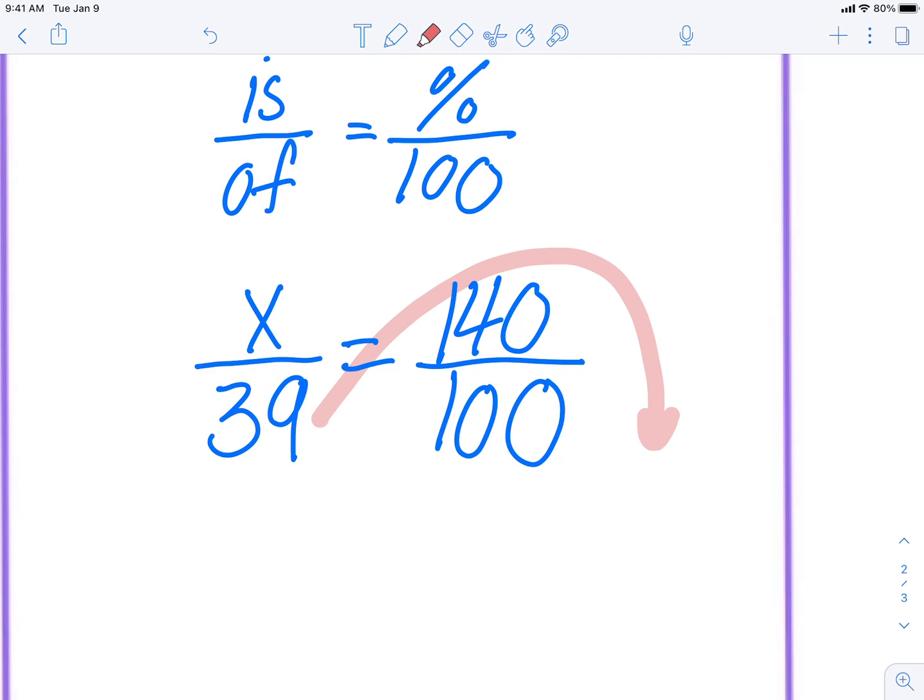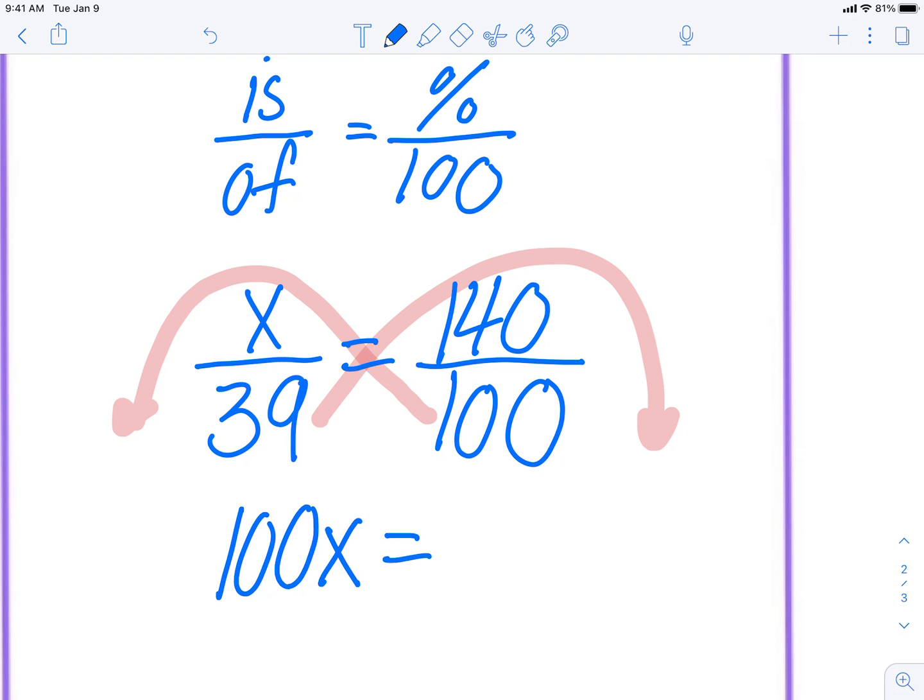So in order to solve these, we're going to cross multiply here, butterfly, and these wings go like this, right? So 100 times x is 100x, which means 100 times x, equals 39 times 140. I'm going to use my calculator for that guy. 39 times 140 is 5,460.